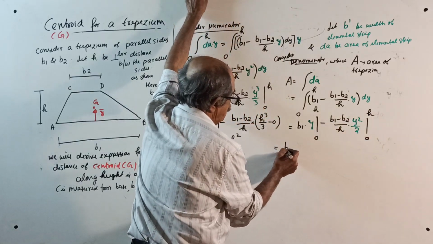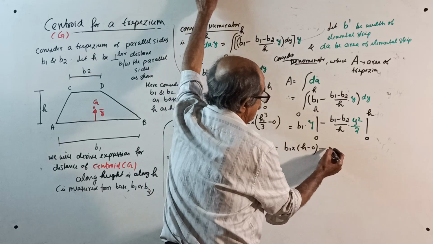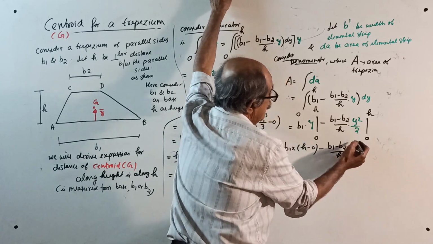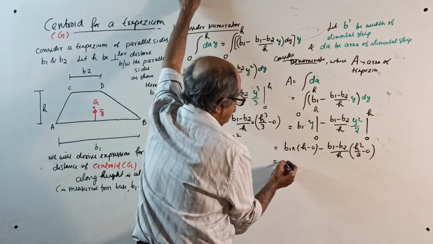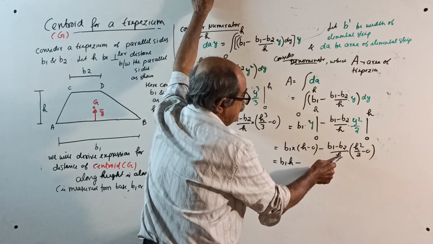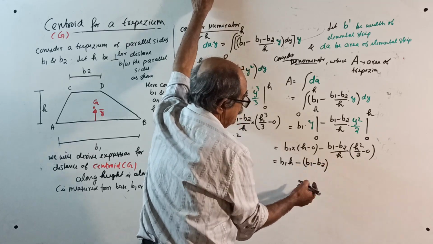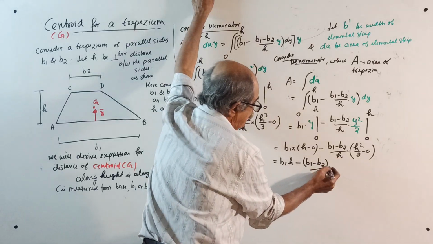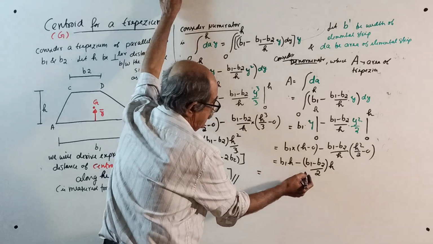That equals b1 into h minus 0, minus (b1 minus b2) by h into h square by 2 minus 0. That is b1h minus h square by h, which is h, minus (b1 minus b2) divided by 2 times h.